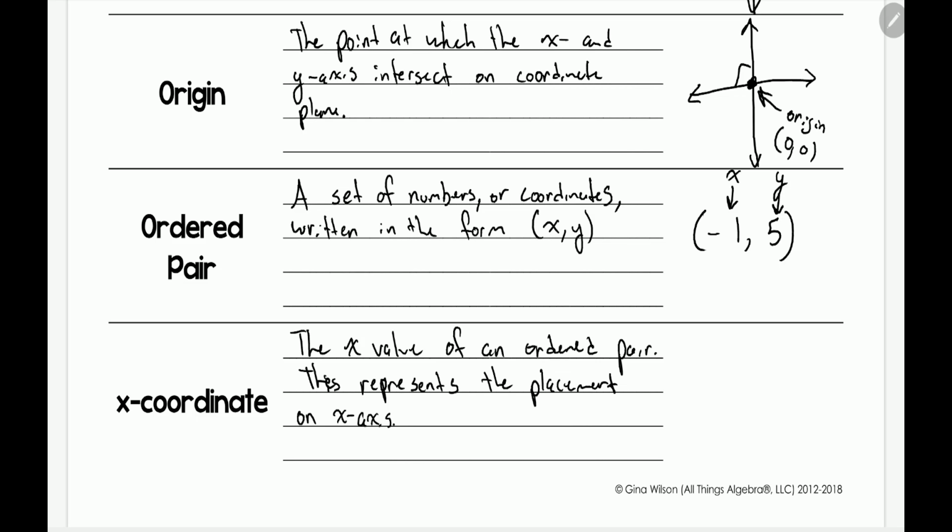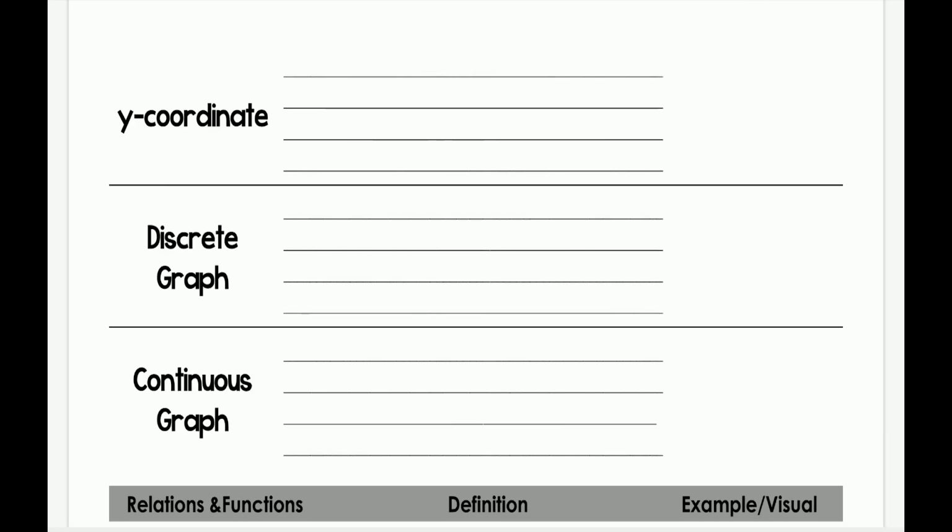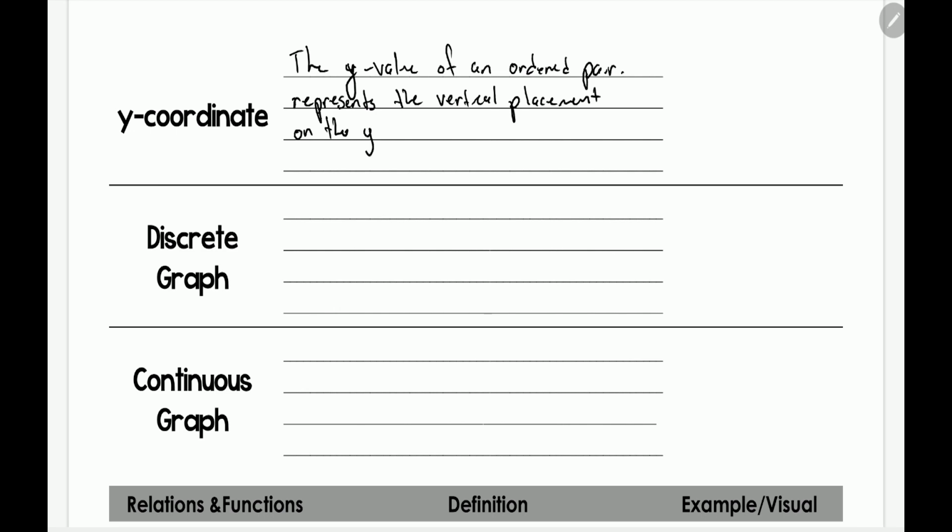Okay. Next page. The y-coordinate is very similar. So the y value of an ordered pair, and this represents the vertical placement on the y-axis. Okay.